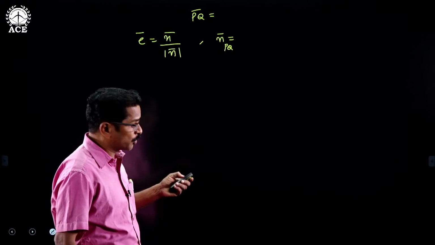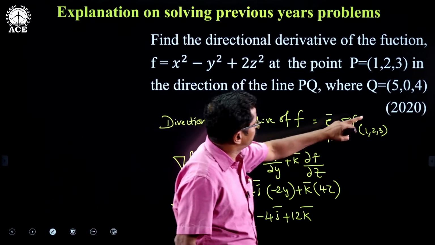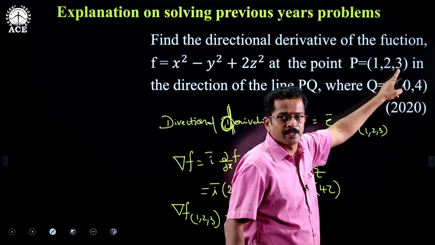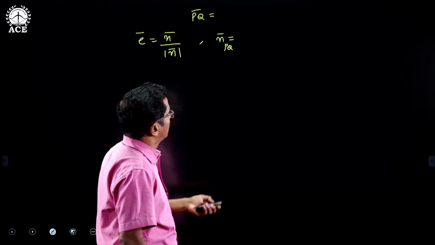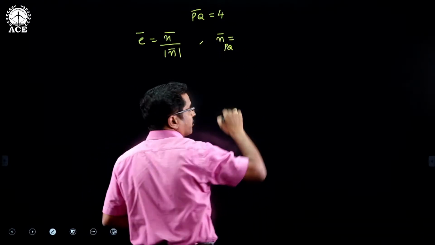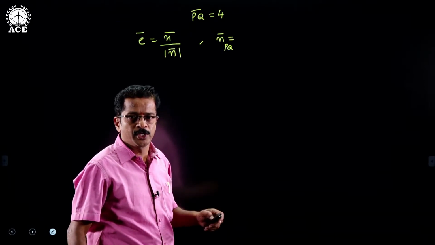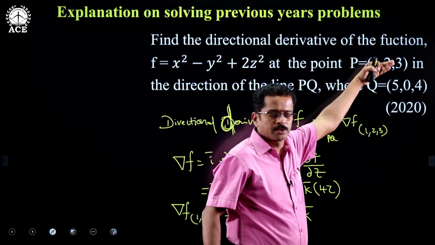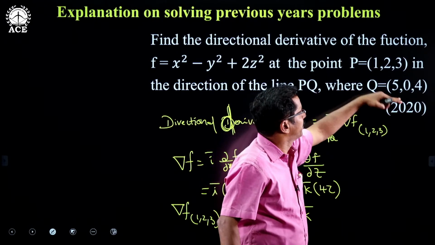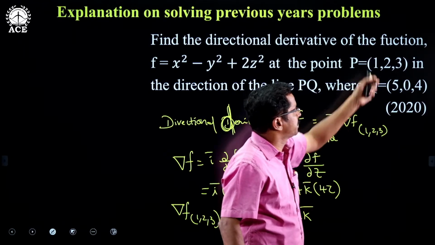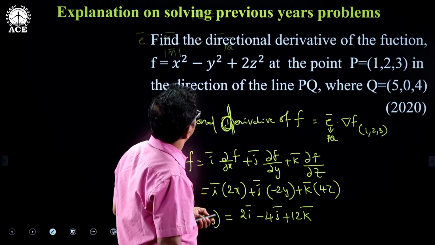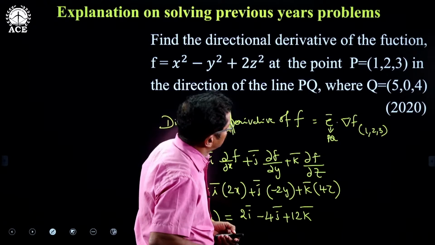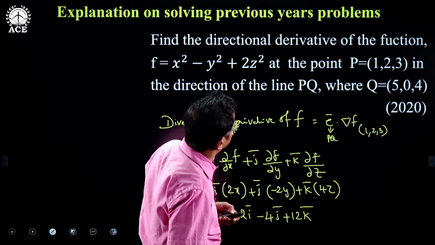So you just take the difference of these two: 5 minus 1 is 4 I bar, 0 minus 2 is minus 2 j bar, 4 minus 3 is 1 k bar. So how am I evaluating PQ bar? Just the difference of the points, from P to Q. So that is 4 I bar minus 2 j bar plus k bar.